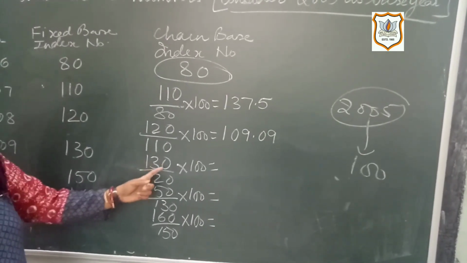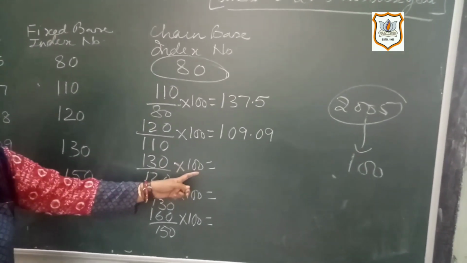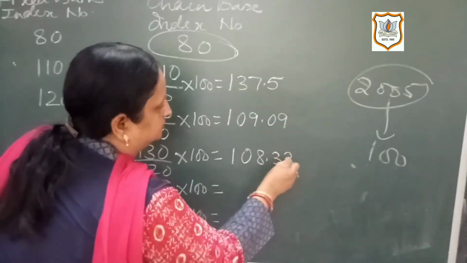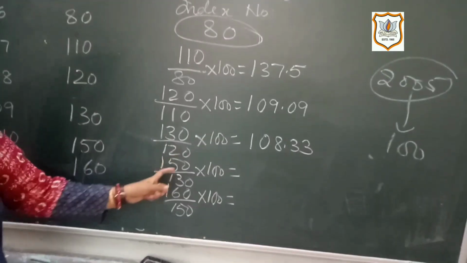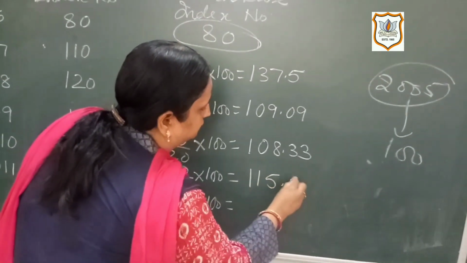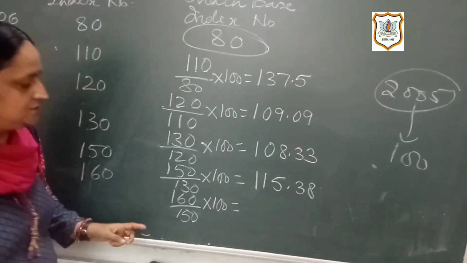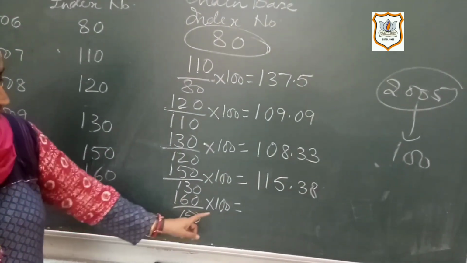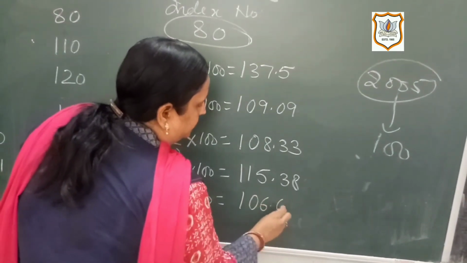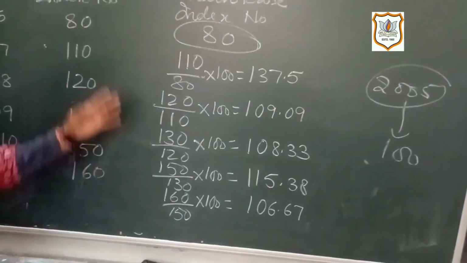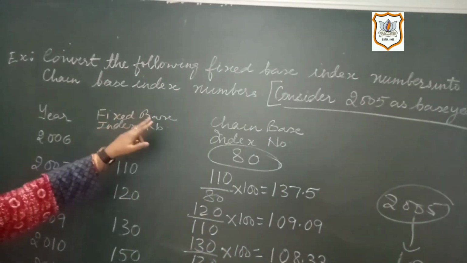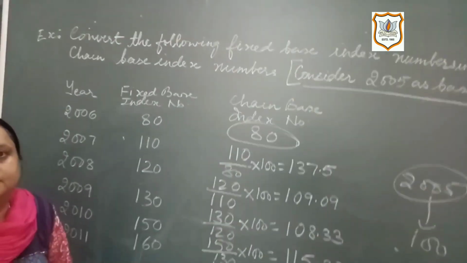Third, 130 upon 120 into 100, you will get it as 108.33. 150 upon 130 into 100, you will get it as 115.38. 160 upon 150 into 100, you will get it as 106.67. So in this way, we can convert fixed base index number into chain base index number.